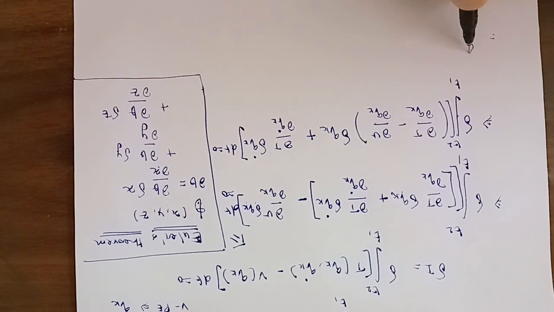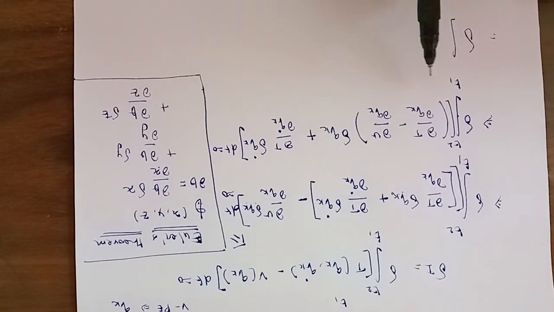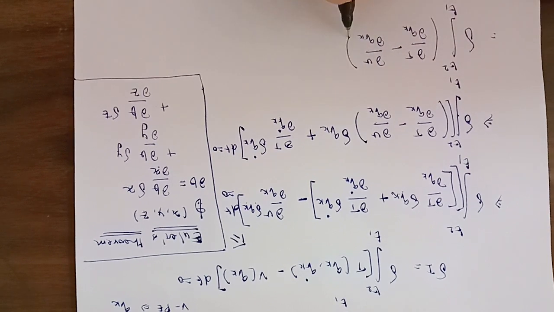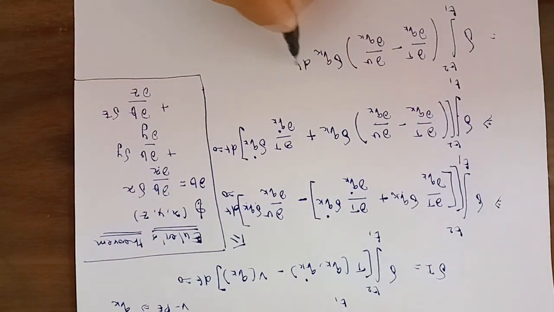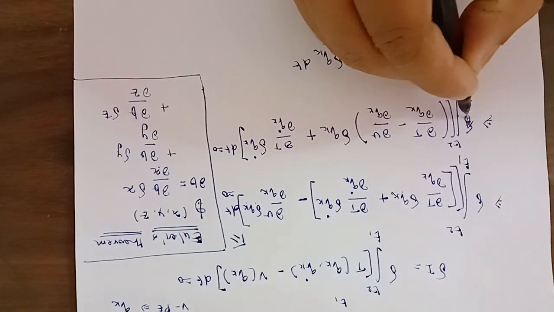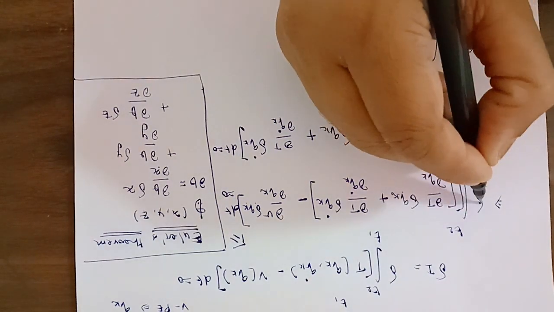That is, integral t1 to t2 of (dou T by dou qk minus dou V by dou qk) into delta qk dt. Here this delta will not come, because it went inside already.